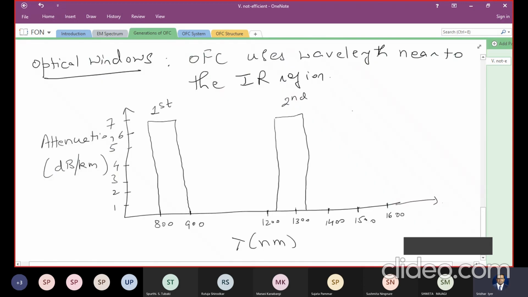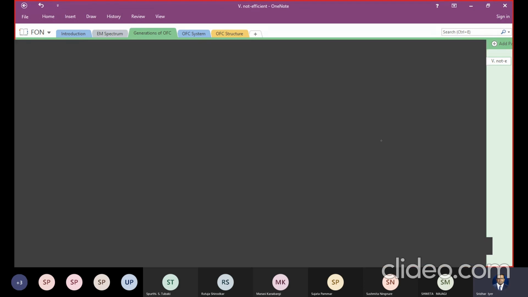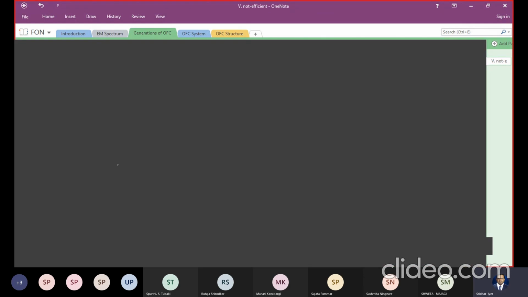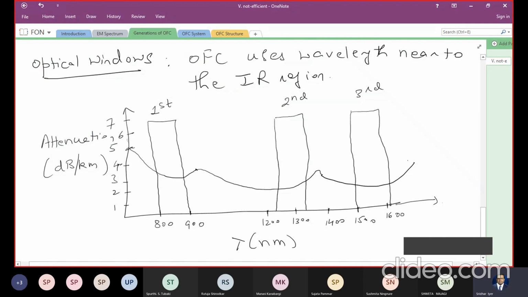So it is somewhere at 1500 to somewhere around 1620 nanometer. So this is your third window. And the manner in which attenuation changes looks something like this. Okay, so the change of attenuation is somewhere around that, right?